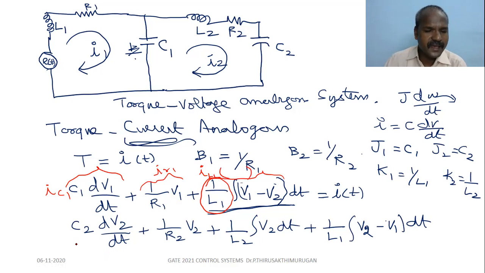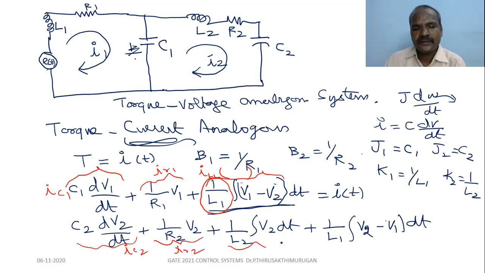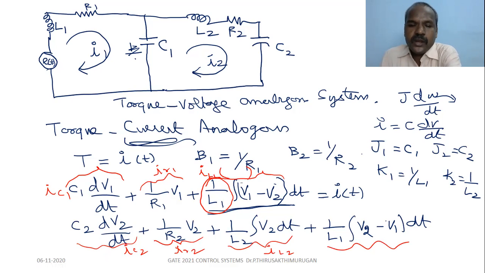Similarly here you can write IC2, IR2, and this is IL2, common to both networks, two parallel networks joined together by an inductor.